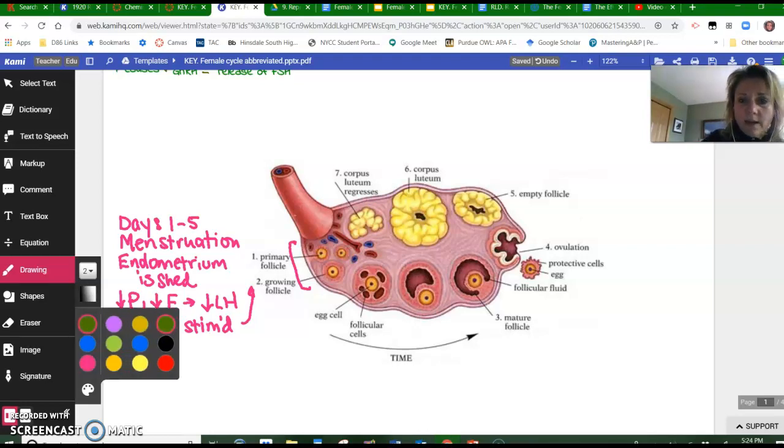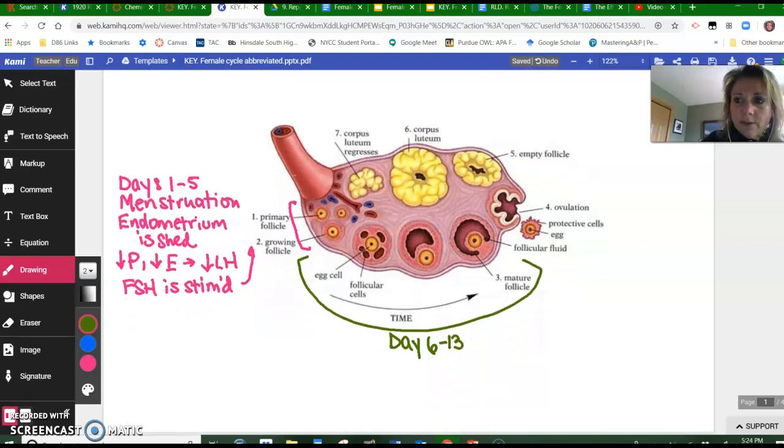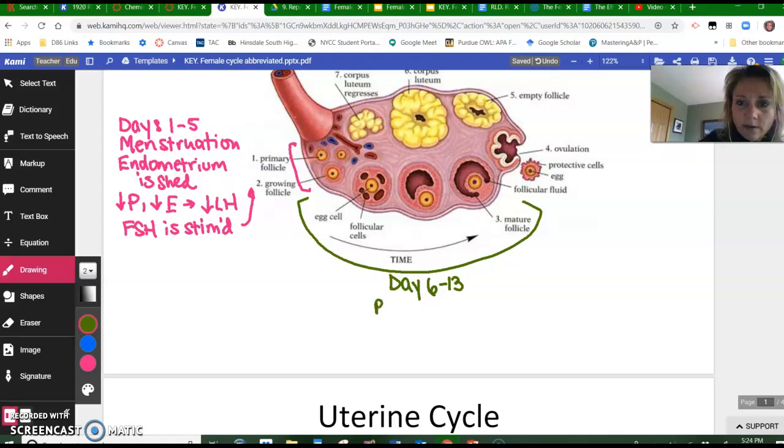And then after day 6, I'm going to say like day 6 to about day 13, I'll make that into this green bracket here. This is called our pre-ovulatory phase, also known as the follicular phase.